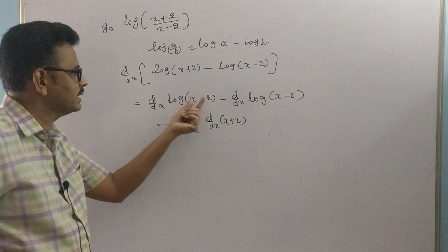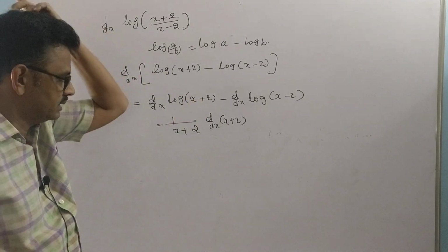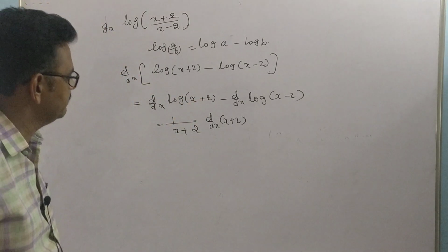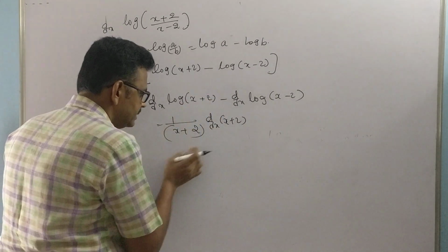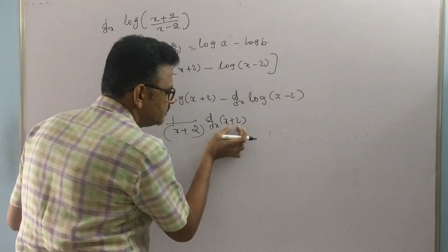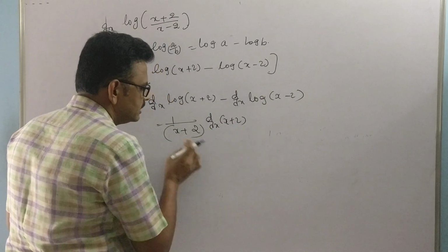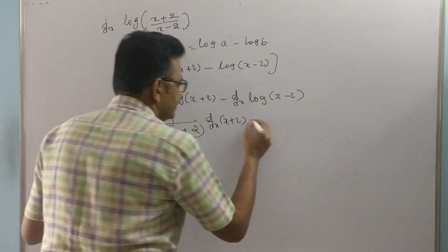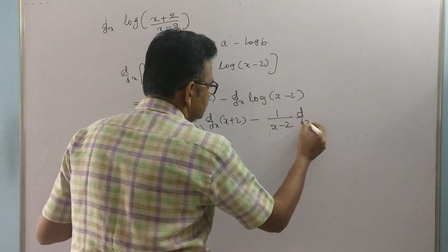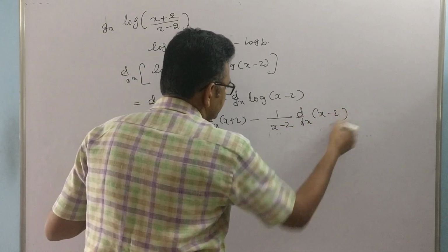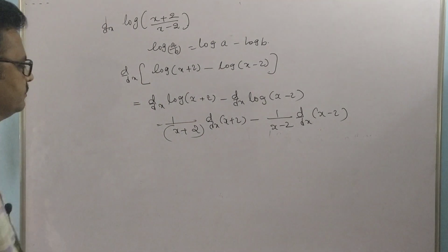This is log x form, but not exactly log x. Derivative of log x is 1 by x. Treat as x, 1 by x into derivative of this, treat as x. X means x plus 2, minus 1 by x minus 2 into d by dx of x minus 2.